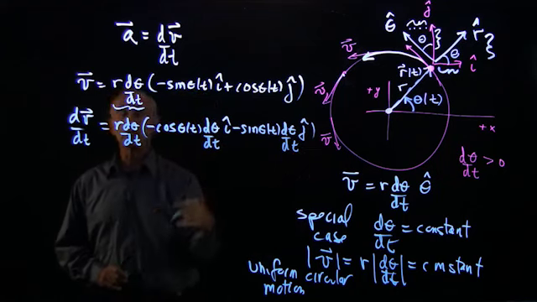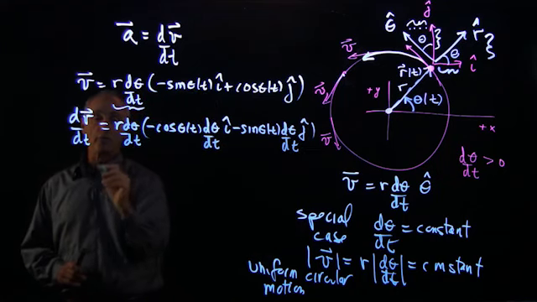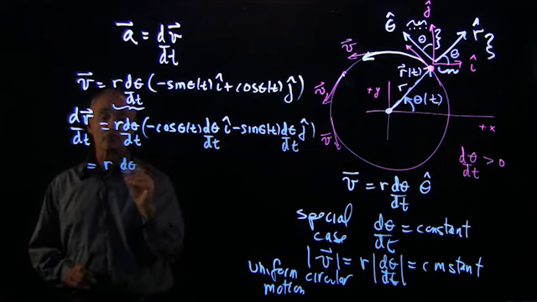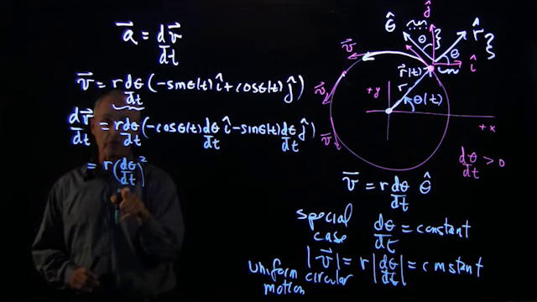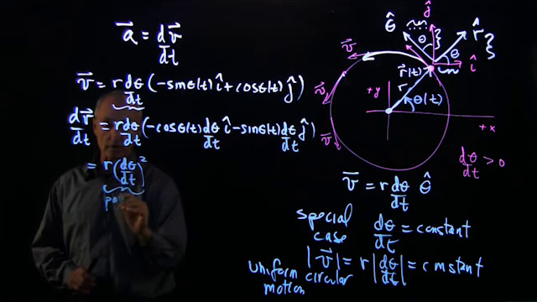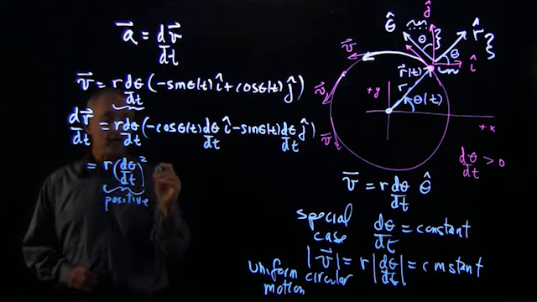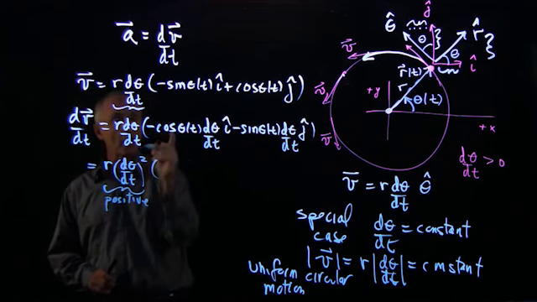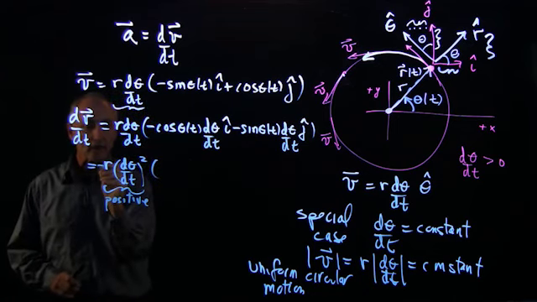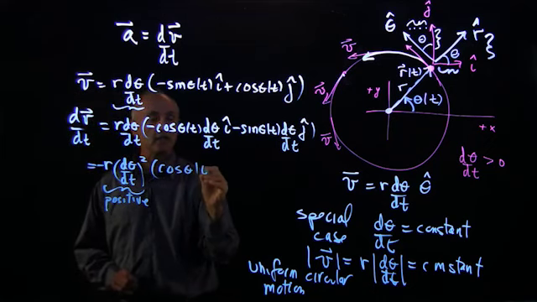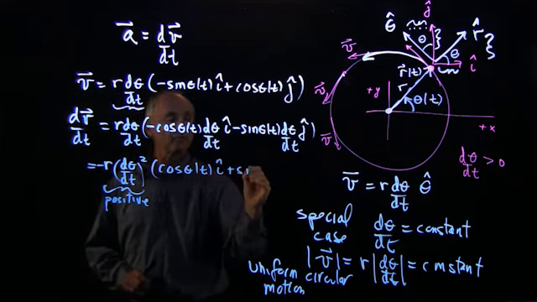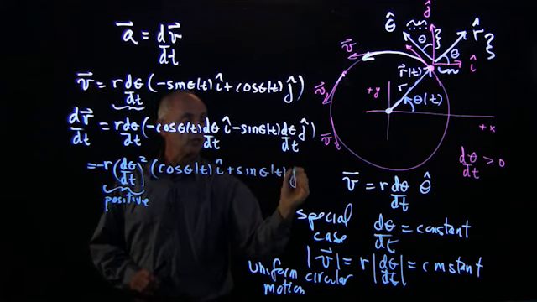And now I have this common dθ/dt term, and I can pull it out, and I'll square it. Now, whether dθ/dt is positive or negative, the square is always positive, so this quantity is always positive. And inside, I'm also going to pull the minus sign out, and I have cosine θ(t) i hat plus sine θ(t) j hat.